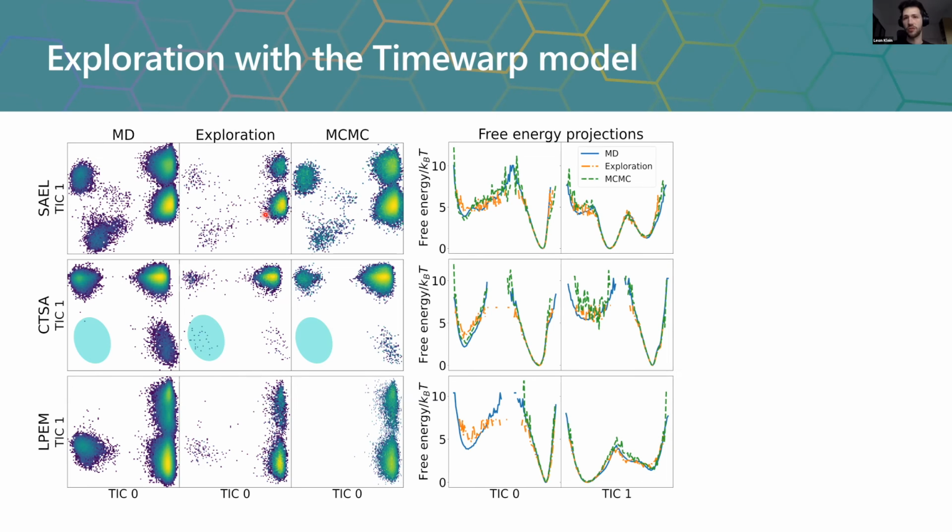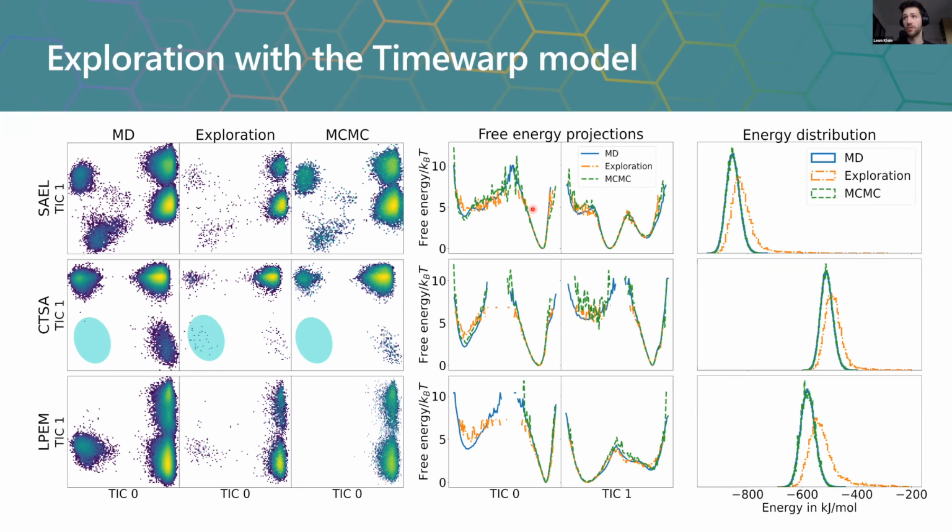And again, we can look at free energy projections. The exploration will be biased, but you can see here the free energy distribution matches quite closely to MD, although it's a little off. And also the energies are a little different.